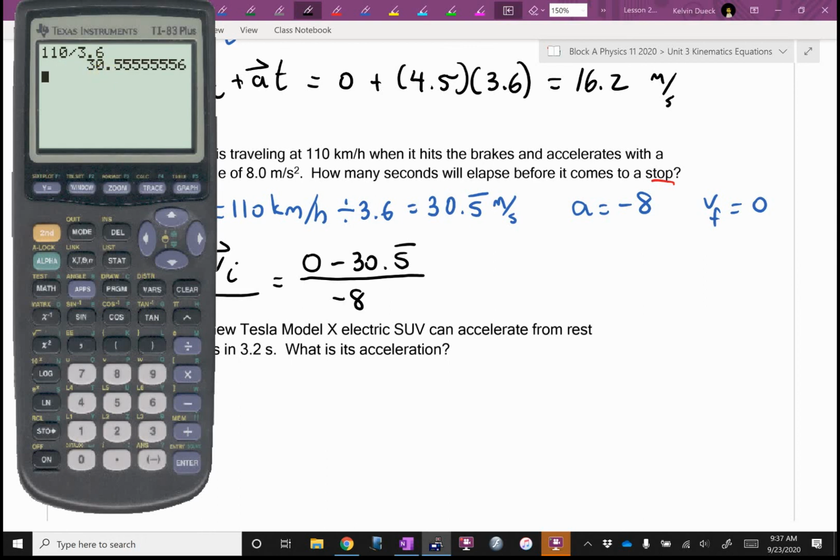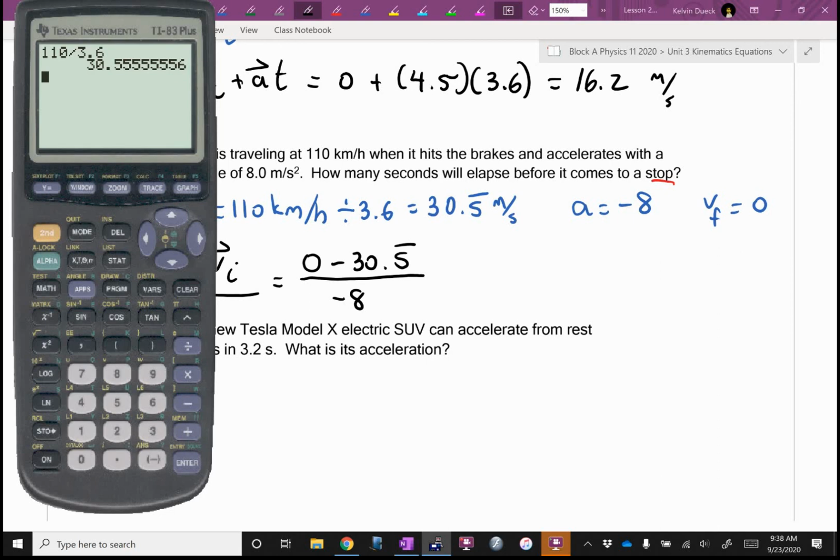So right now, 110 divided by 3.6 equals. What's on your calculator right now? I can't see from here. You have to tell me. 30.555 repeating? Yes? Okay, good.